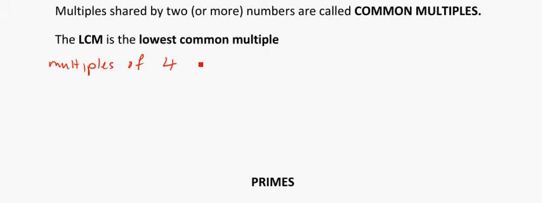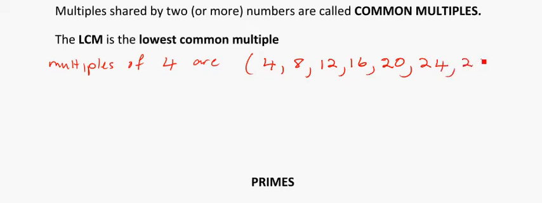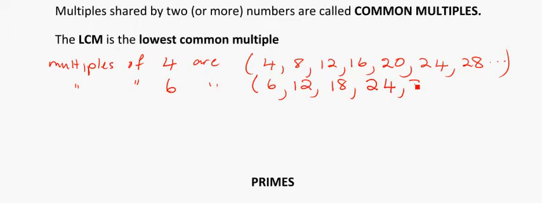What are they? 4, 8, 12, 16, 20, 24, 28, and so on. What are the multiples of 6? 6, 12, 18, 24, 30, and we could go on.